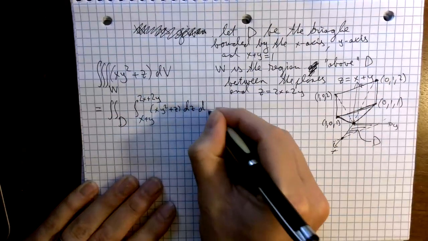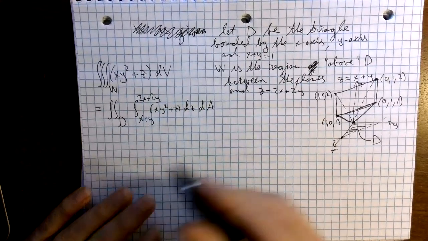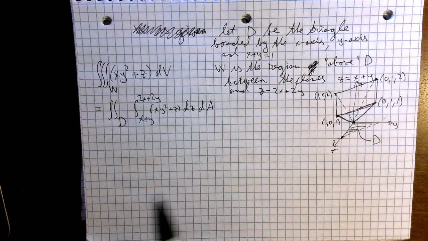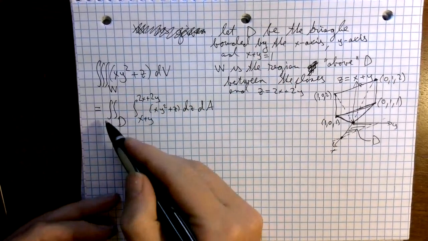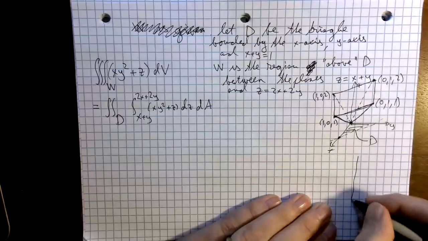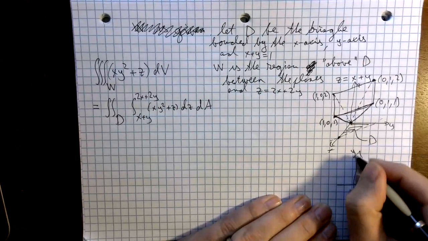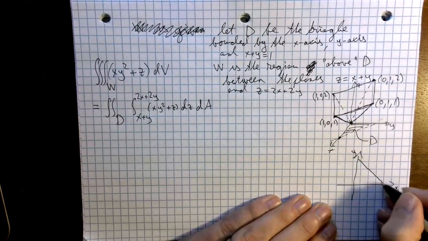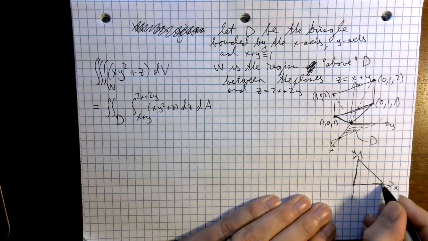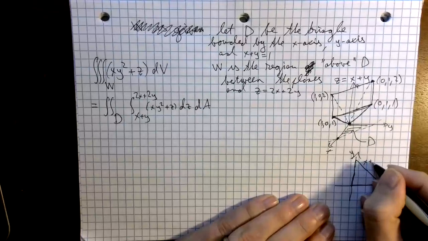dz, the area, right? Maybe, before computing this, let's expand what this D integral is, right? Let me draw just in the xy plane this triangle D, right? And so you can see, this was x plus y equals 1.